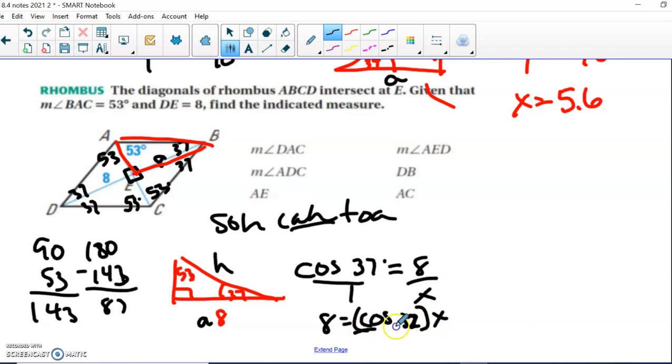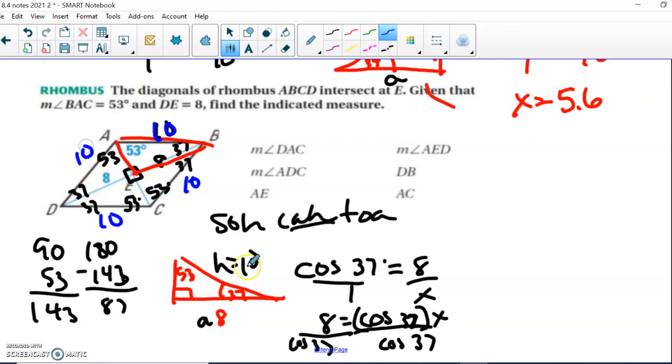Divide by cosine of 37. So I'm going to take 8 divided by cosine of 37. And it looks like our side is 10. So that's our hypotenuse is 10, which was right here. So we know that all 4 sides are congruent, so all 4 sides are 10.